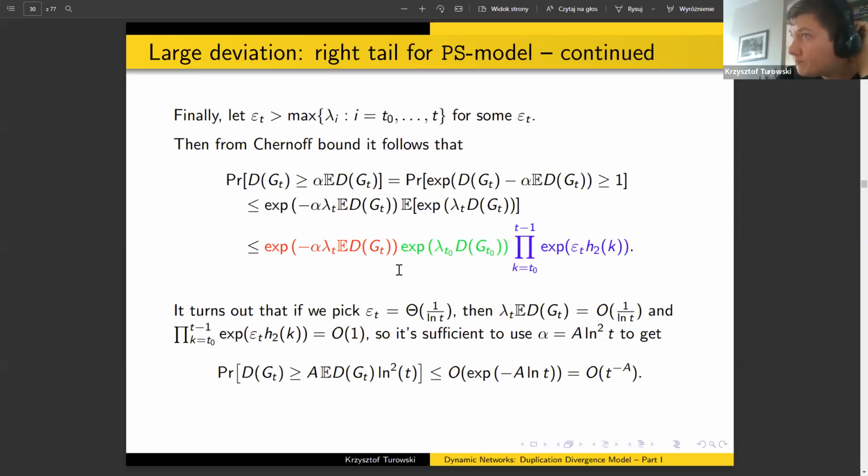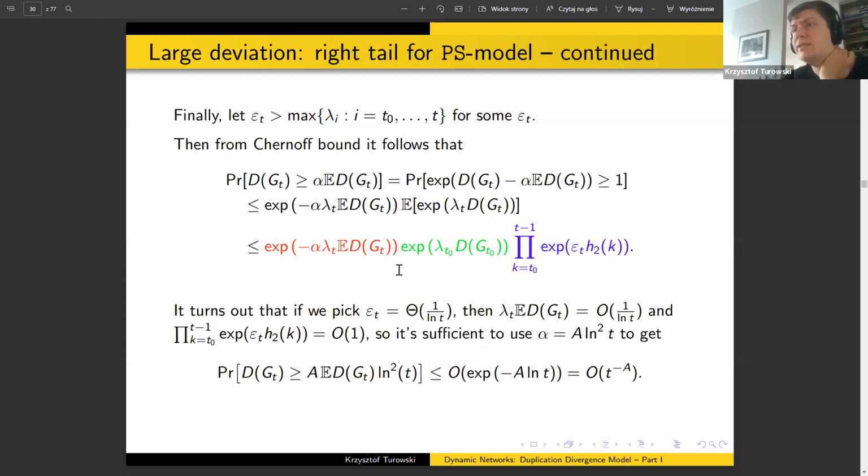In fact, whenever we have such a bound, then we can use the Chernoff bound, which probably all of you know, and we can arrive at the following formula, which describes the relation between the probability of the value of d of G_t exceeding some value times the average value, and we can bound it by an expression which has 3 parts.